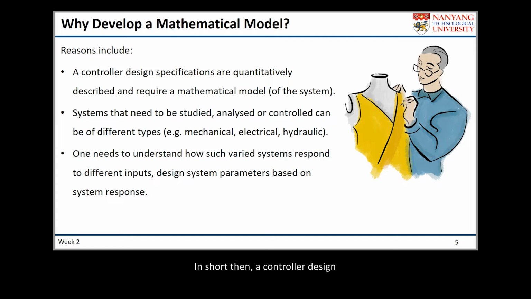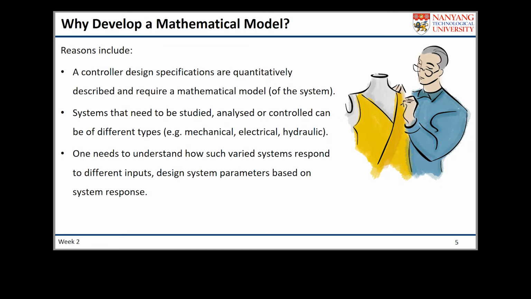So in short, controller design specifications are quantitatively described, and this requires a mathematical model of the system. We need to study and analyze the system, and at the end, you should be able to control different types of systems. A system can be anything: mechanical, electrical, hydraulic. We discussed this in the previous session.